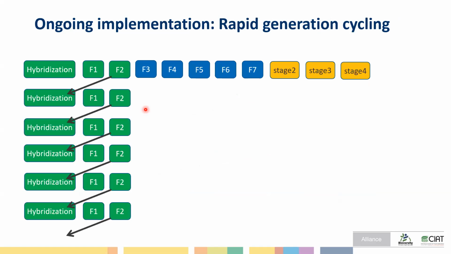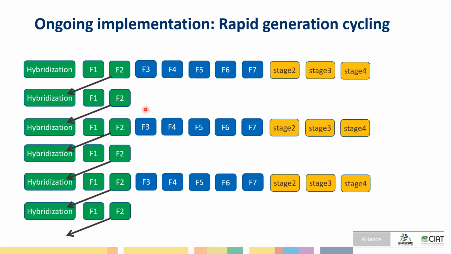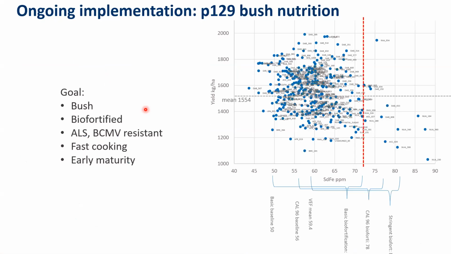With the implementation of GS, we hope to select the lines in early generations, for example F2, F3, and select these lines and turn them into the next hybridization event, and advance these lines consequently, and we can genotype these lines in F6 at different stages.